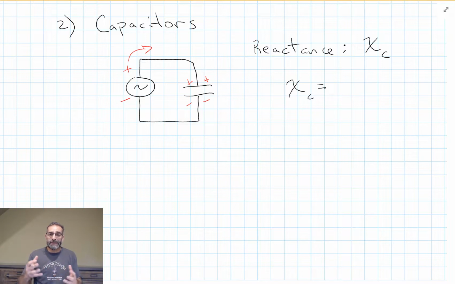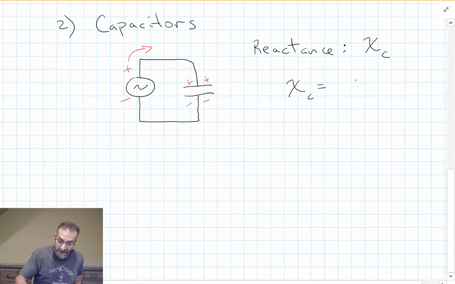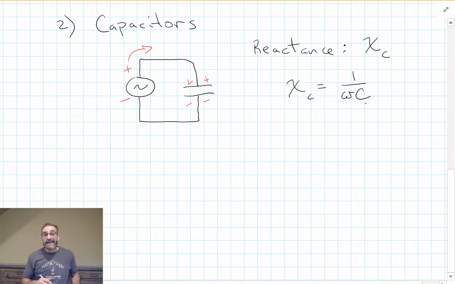The larger the capacitor, the more charges can build up on it before it starts to push back and have an effect on the circuit. So the capacitance also has an inverse effect. So our reactance is 1 over omega C. Omega is the angular frequency that the power supply is flipping.